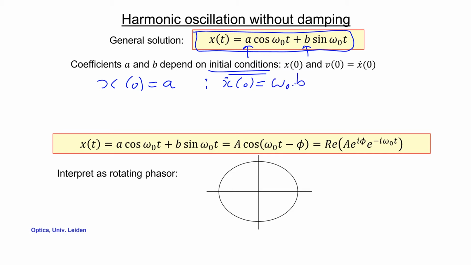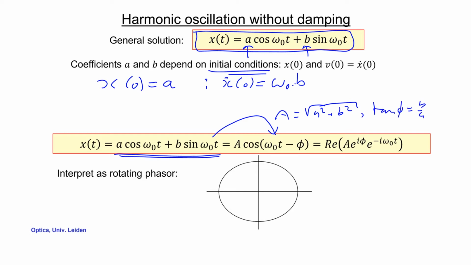So that's easy. Now there is a very nice graphical solution for this expression using the phasors that we started with. Because you can rewrite this combination A cosine plus B times sine as an amplitude, right? This amplitude and a phase of this form. And this cosine with the phase can also be written as the real part of a phasor, which is an arrow in the complex plane.